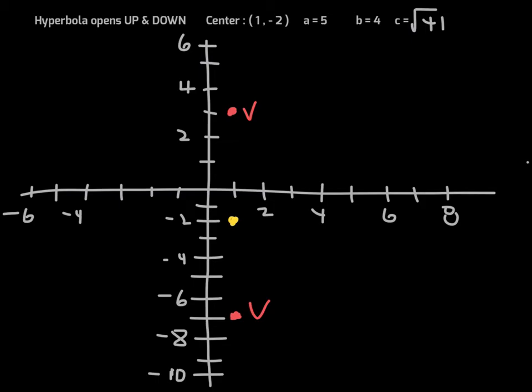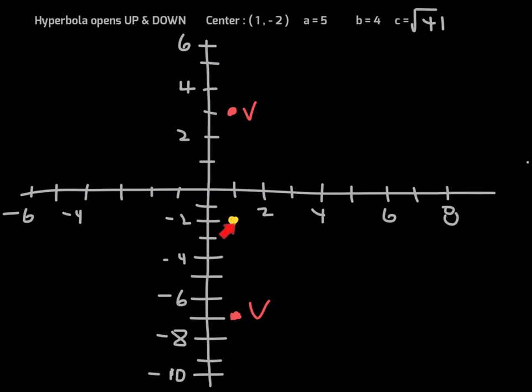Now, I want to move to the left and to the right 4 units from my center because that's what b is. b is 4. So from my center, I'm going to move 4 units to the right and 4 units to the left, and those points will help me draw the rectangle that will help me draw my asymptotes. Let's go 4 units to the right of my center.